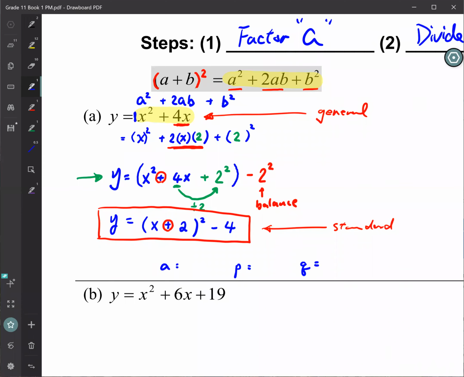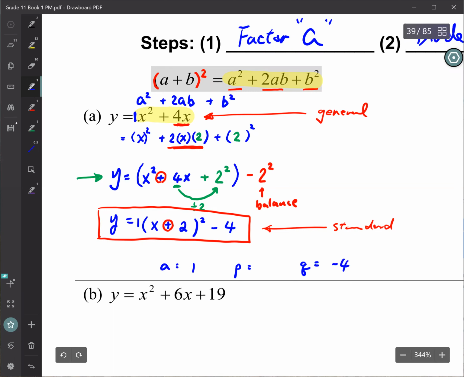Evan, can you tell us what's the APQ for this one? I think A is 1. A is 1, yep. Q is -4.